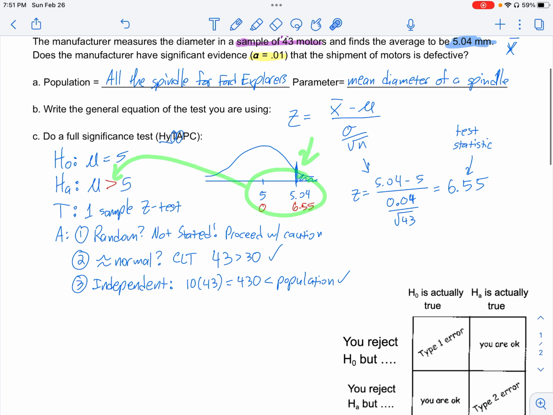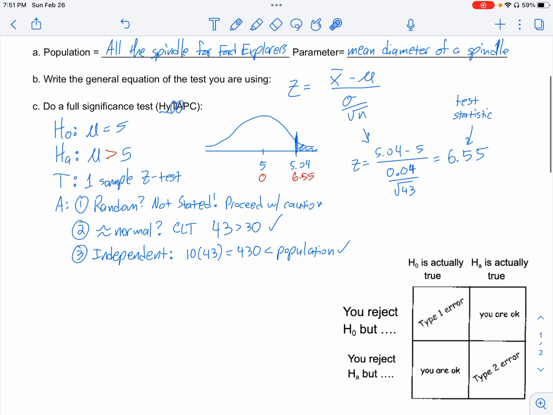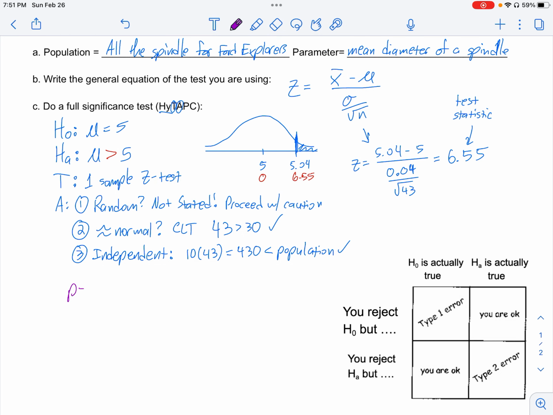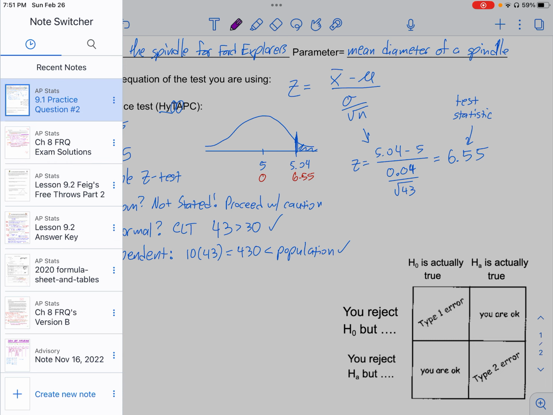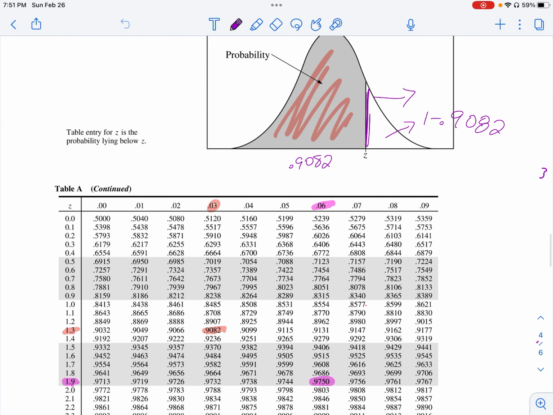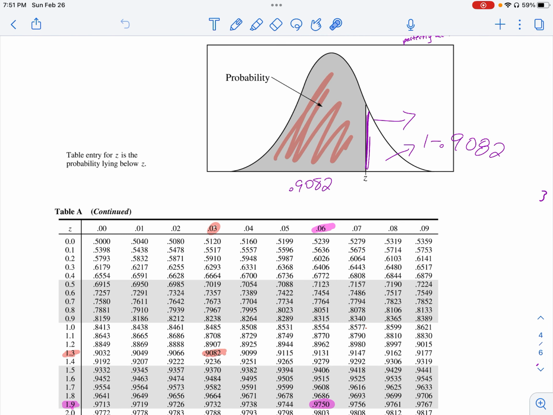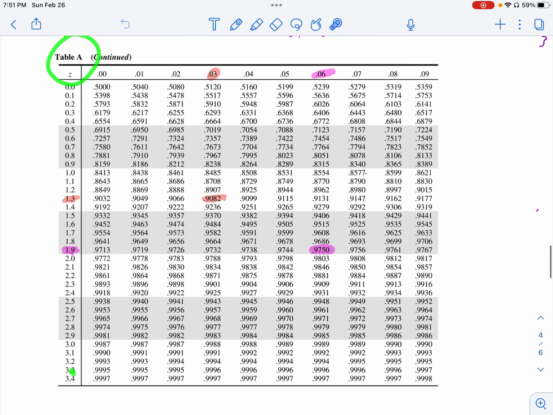Okay, so I got my z-score. I now need to get my p-value. My p-value can be gotten from looking in my formula sheet for 6.55. And as I'm looking at table A here, for 6.55, I realize the farthest it goes is 3.5.